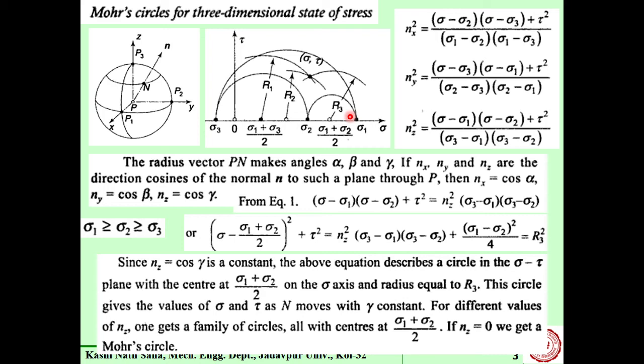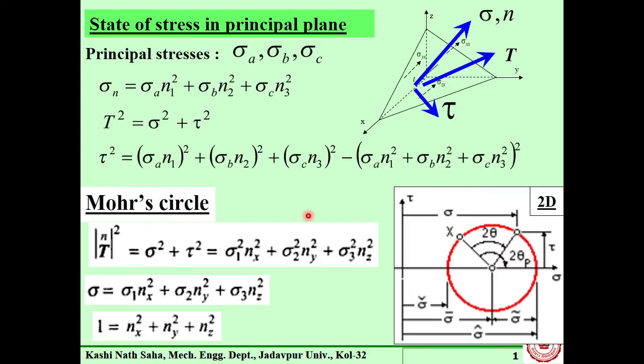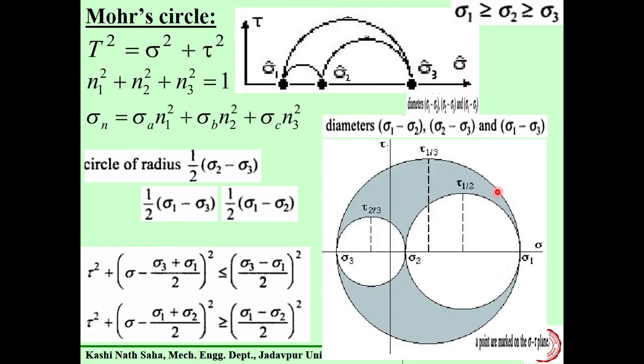This is a historical development. Today no one will be going for this graphical solution. Even in your undergraduate you never used this Mohr circle. There are analytical expressions, and you will be using those. Here also we have seen that although the calculations are a bit difficult, we can use MATLAB to solve that.